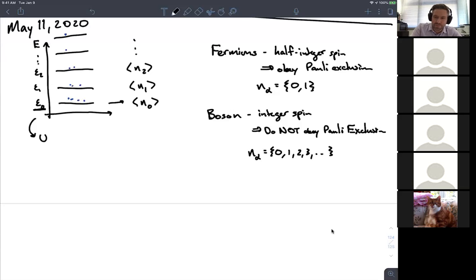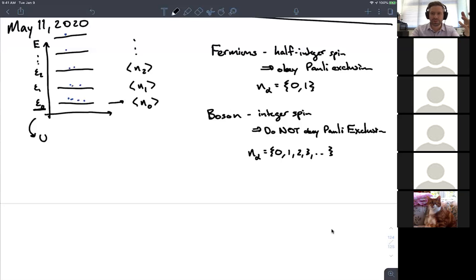Okay, so now good examples of these kinds of particles are the force carriers. So things like photons, gluons, W and Z bosons, Higgs bosons, gravitons, all the particles which carry forces are bosons.